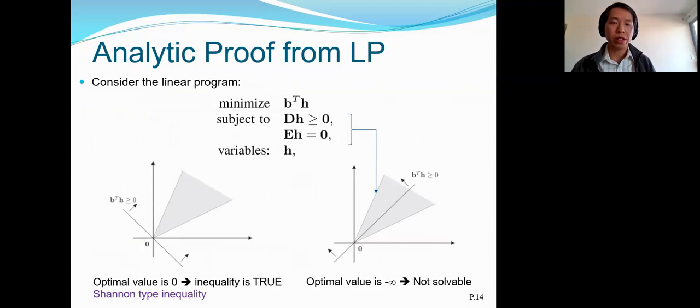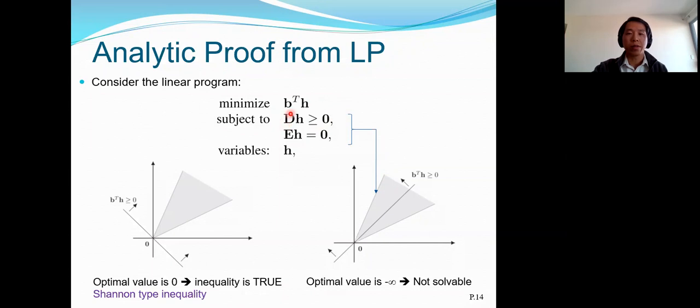Okay, now let me first tell you what is happening in ITIP and XITIP when we plug in an information inequality and ask it to prove. Suppose you are given an information inequality together with the equality constraints, and suppose there are n random variables.